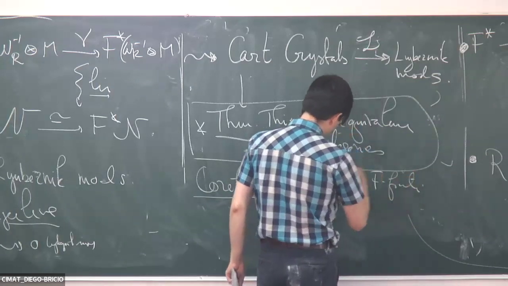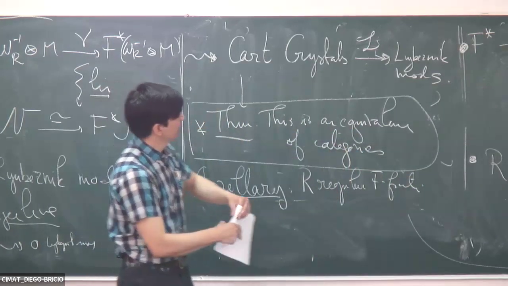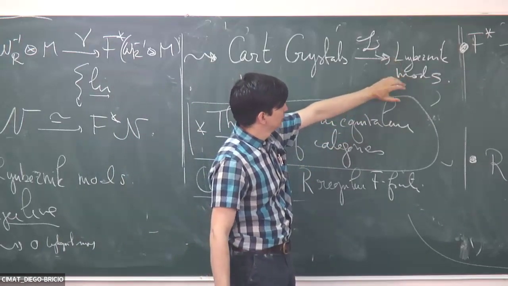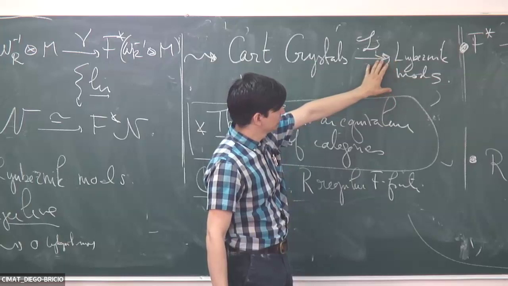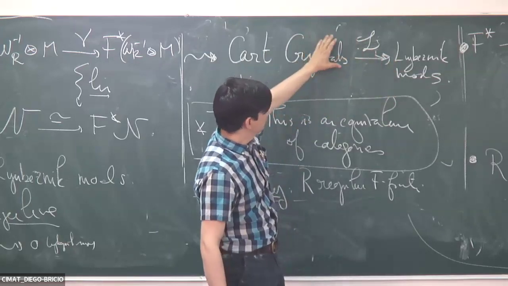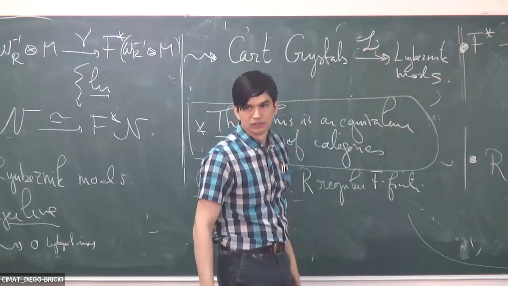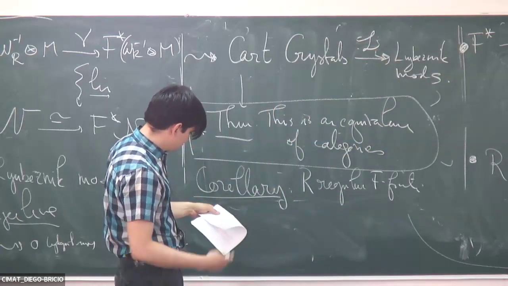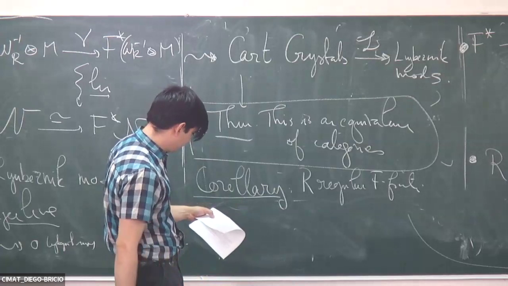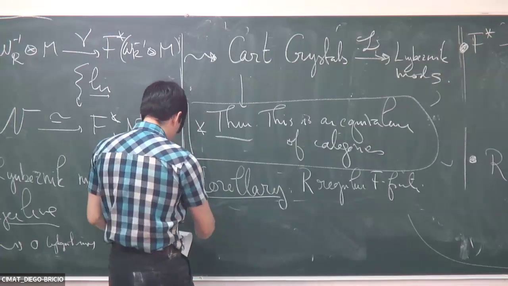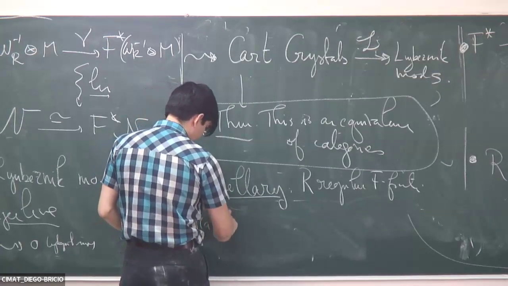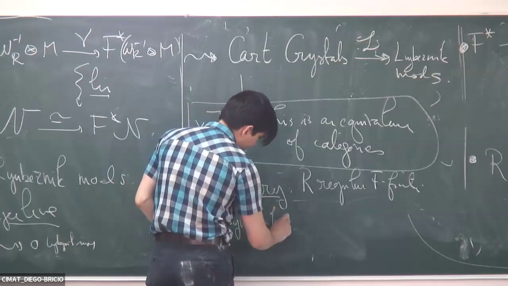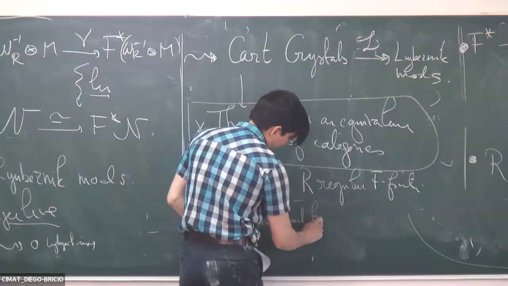By the way, this category here of these modules essentially has an analog in characteristic 0, but you need to use D-modules. But for positive characteristic, we have this. We have a regular, finite ring. Then Lyubeznik modules have finite length.